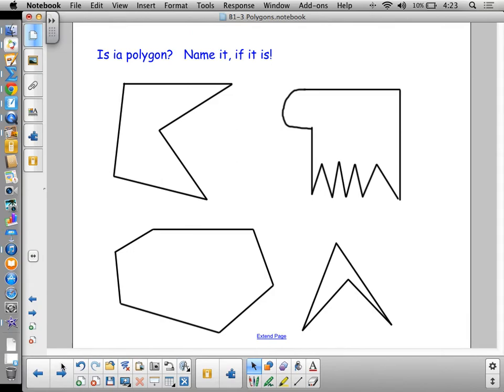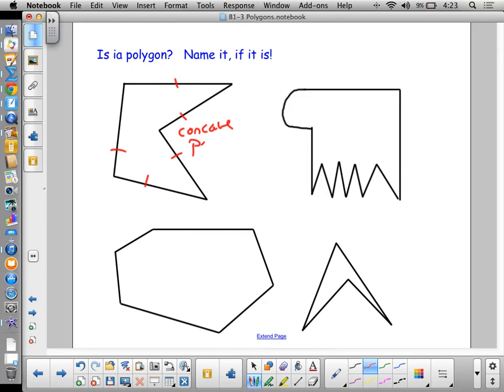Again, more practice of the same idea. Is it a polygon? Name it if it is. This first one, yes, this is a polygon. It has 1, 2, 3, 4, 5 sides. It is a concave pentagon. This is not a polygon.